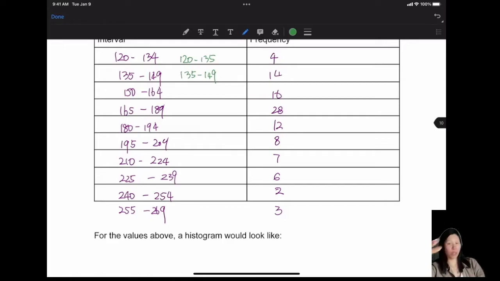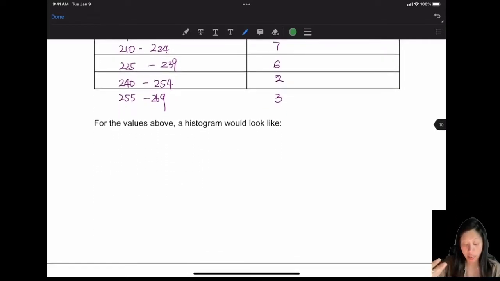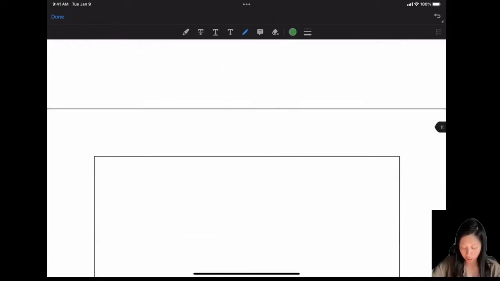Where should you put him, in the first group or the second group? In order to avoid this ambiguity, we set it here as 134, maybe 134.9. That also works.